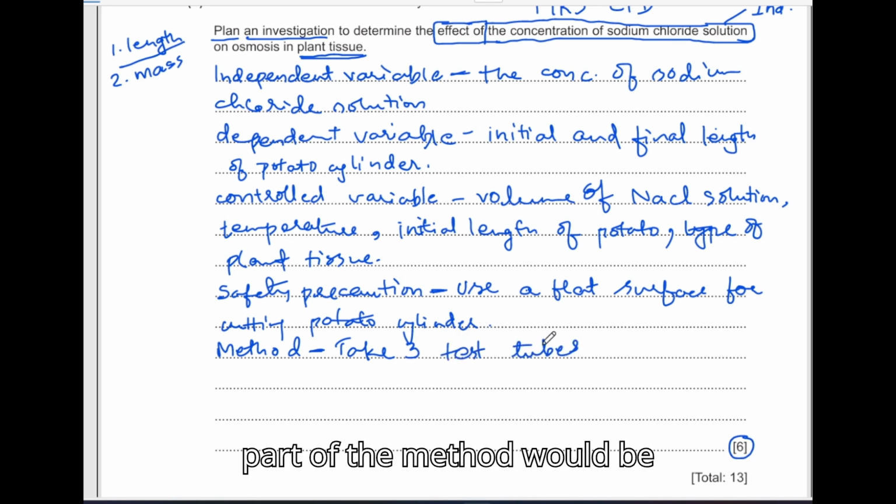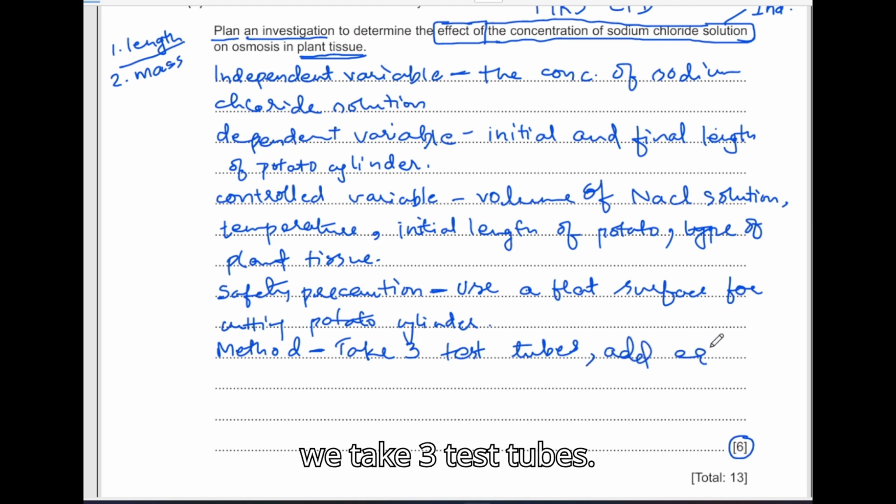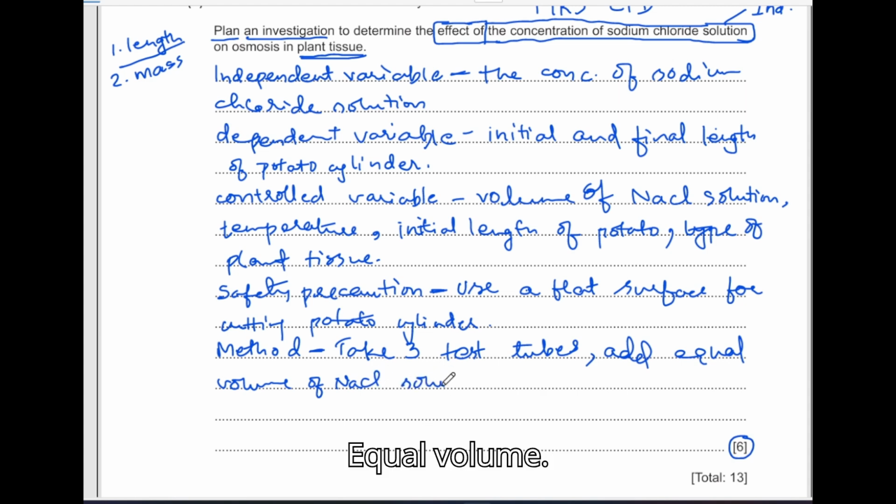So the first part of the method would be we take 3 test tubes, okay, and then we add equal volume of sodium chloride solution in each.